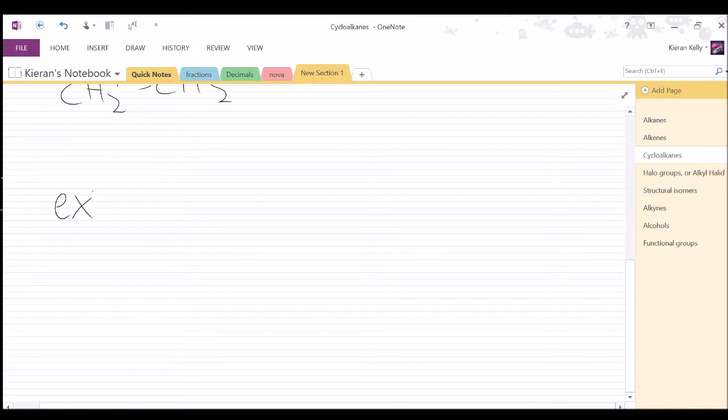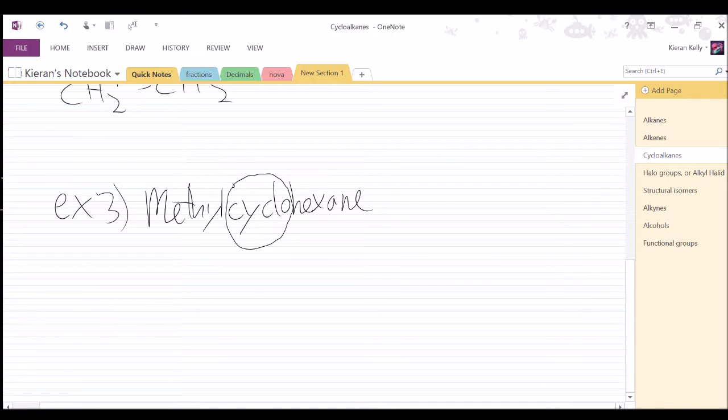Example 3. For example 3, we have methyl cyclohexane. Okay, so the first thing we're going to look at is cyclo, so we know they're in a circular fashion.